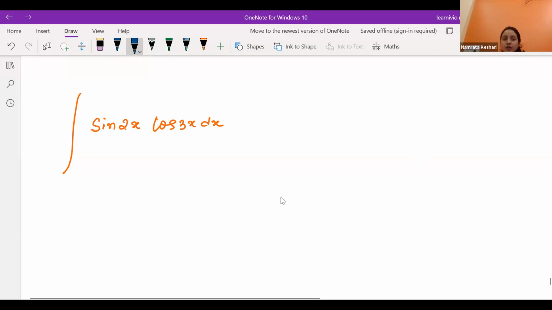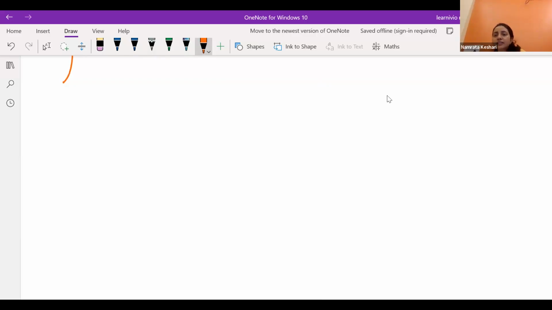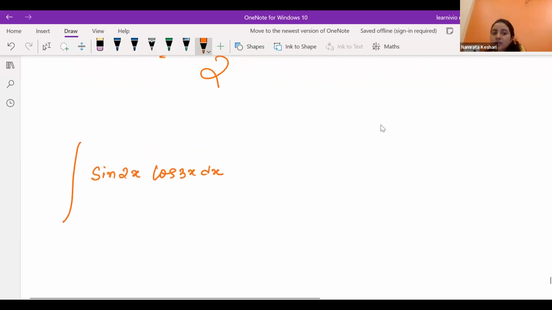Do you know these formulas? I'm going to show you something new. You must have seen the formula of sin C plus sin D, sin C minus sin D, and 2 sin C cos D. Have you seen that formula?